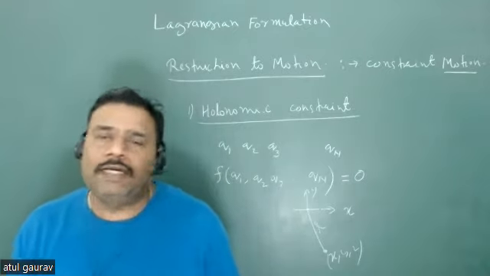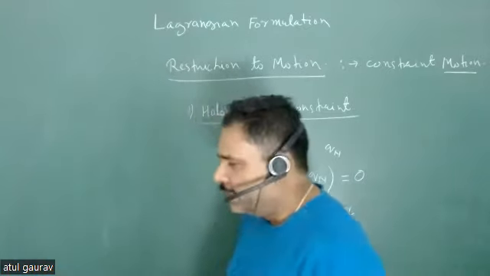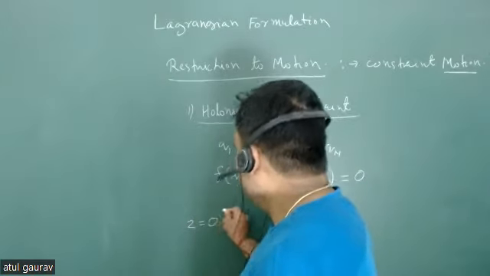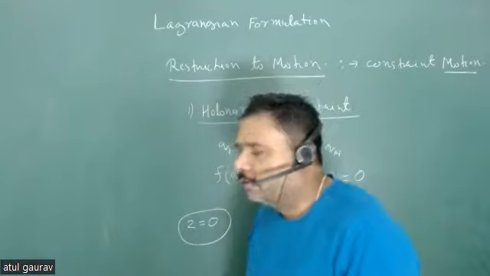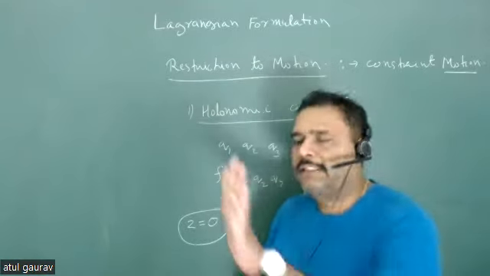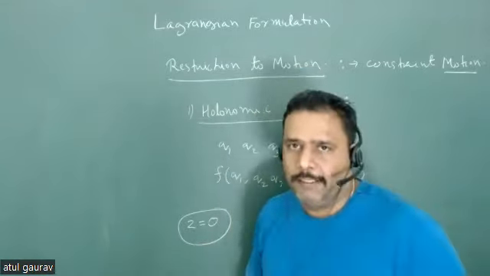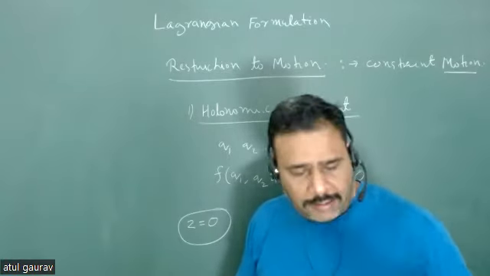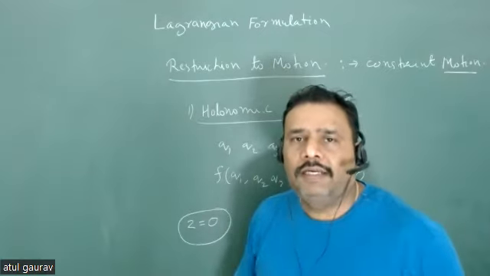What is the meaning of that? How can I represent it mathematically? I should write that z is equal to 0. If I write z equal to 0, that means the motion is constrained to move in the XY plane.